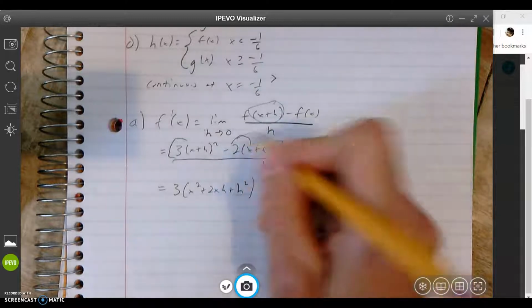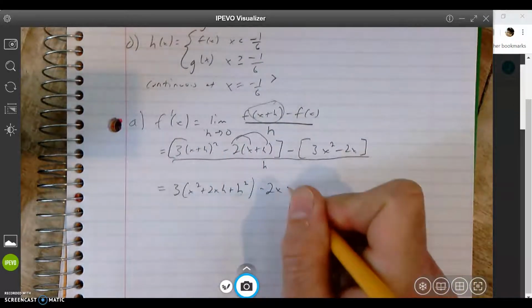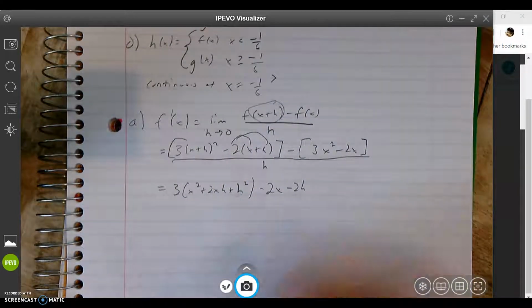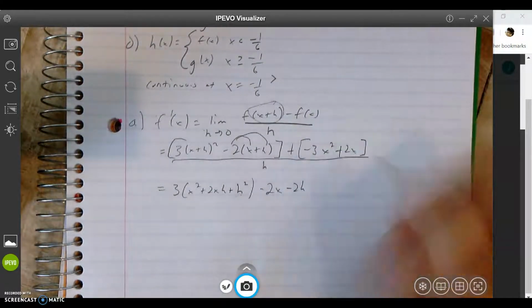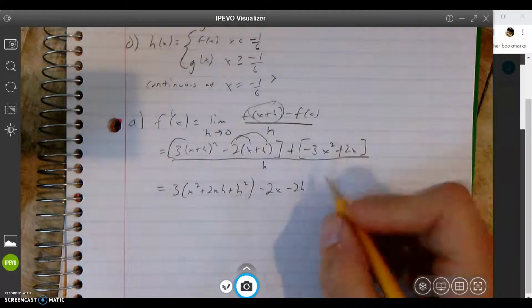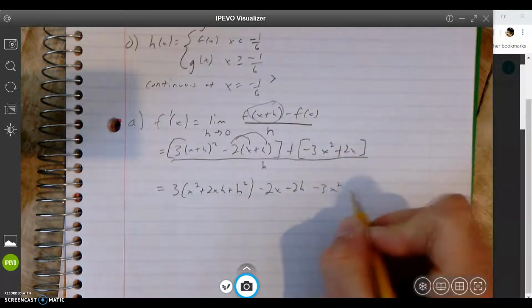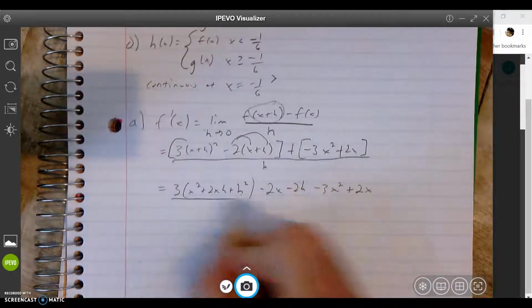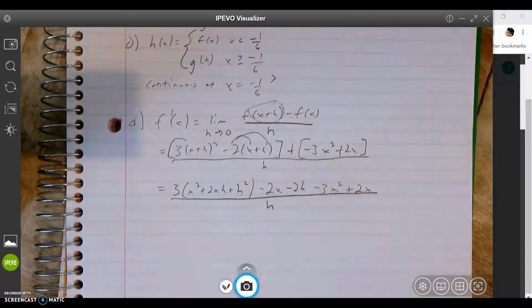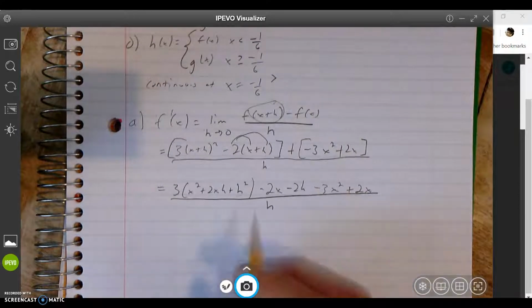So now I distribute the negative 2, negative 2x minus 2h. Now I distribute this negative also. So I multiply everything by negative 1, so it's minus 3x squared plus 2x all over h. There we go. Okay.